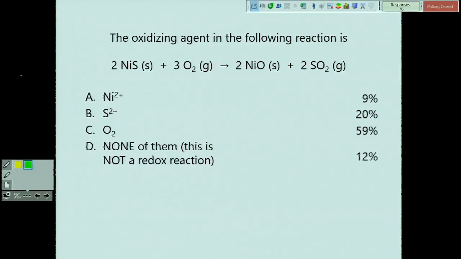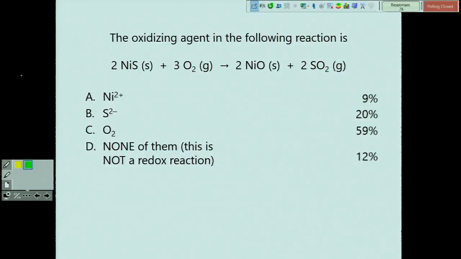Yes? What's the oxidation state of sulfur? Well, then you have to establish that whatever the sulfur is, plus 2 times the -2, because each oxygen is -2, has to add up to the charge on the molecule, which is 0. It doesn't have a charge.